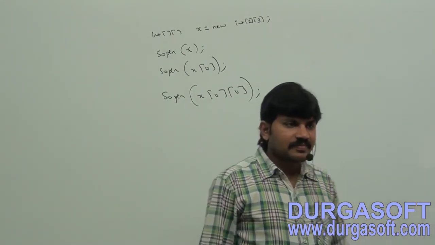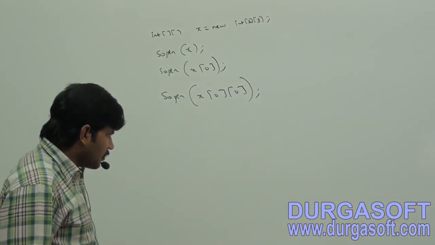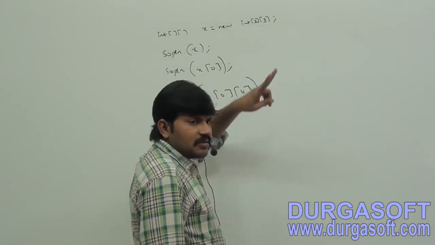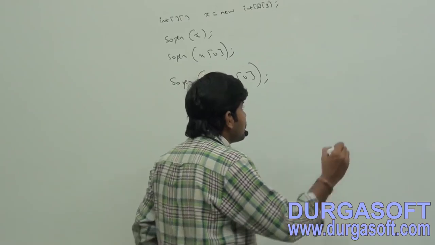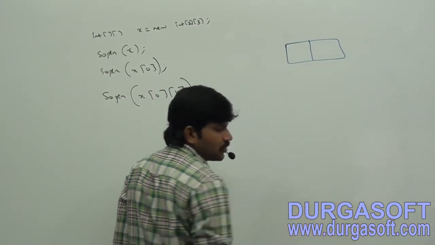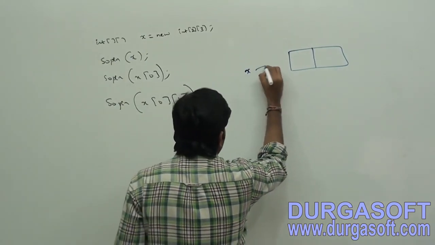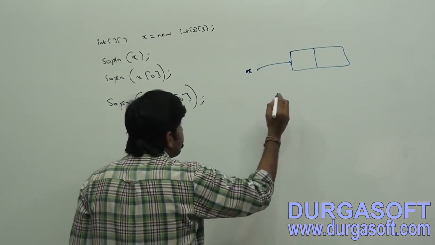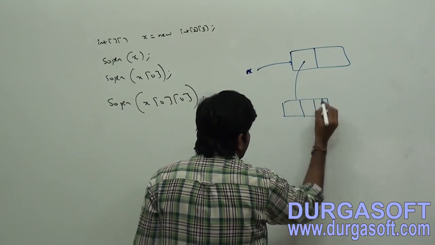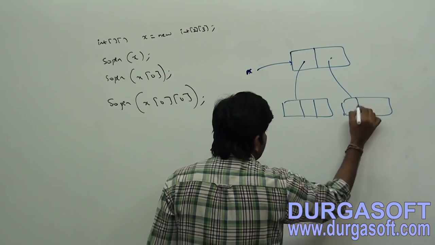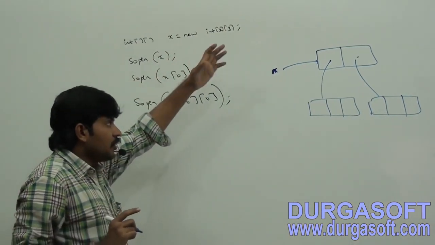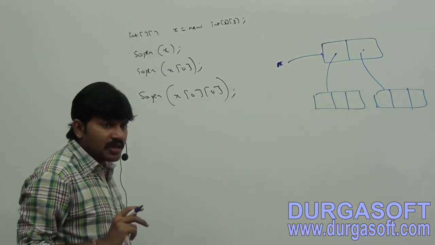What is the dimension? 2 dimension, where base size is 2. x has base size 2. x of 0 has how much size? 3.